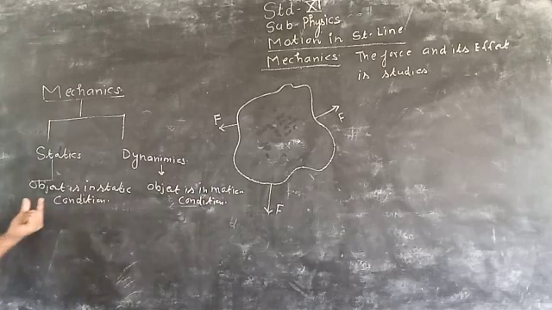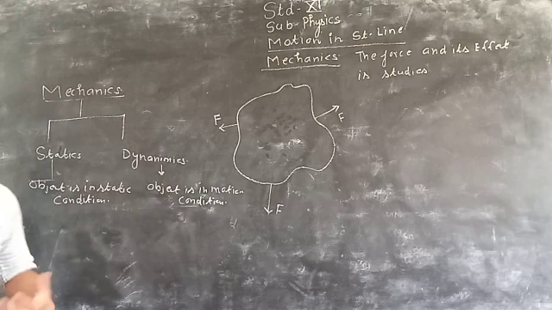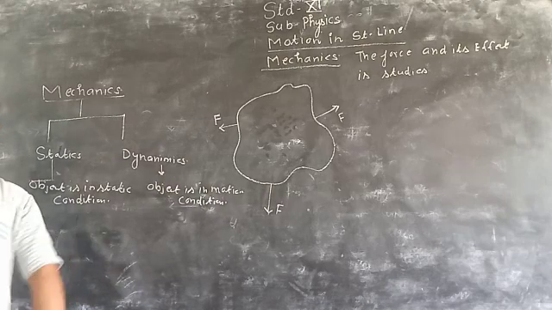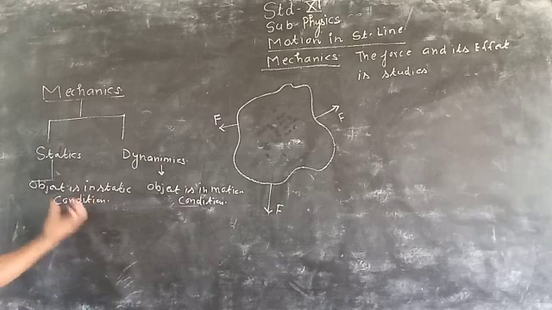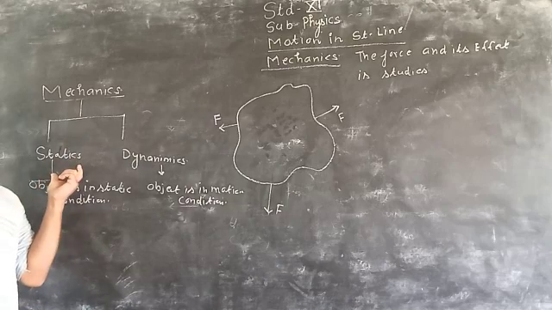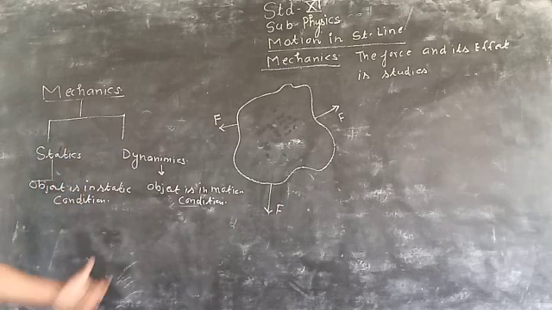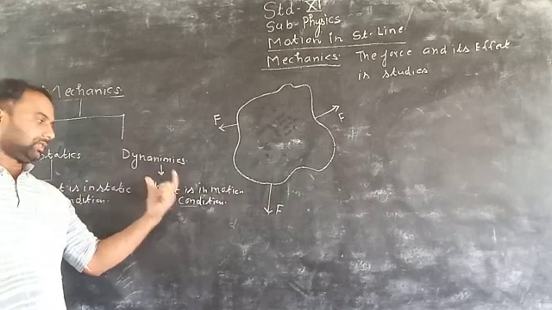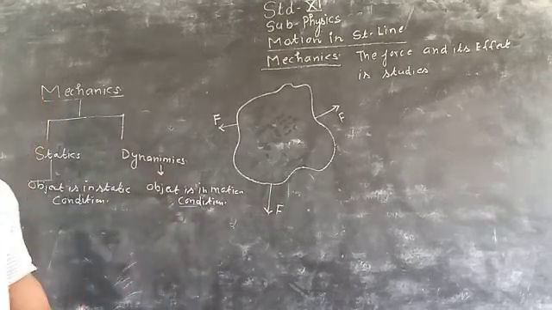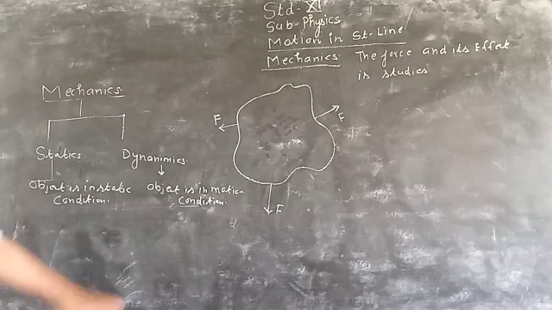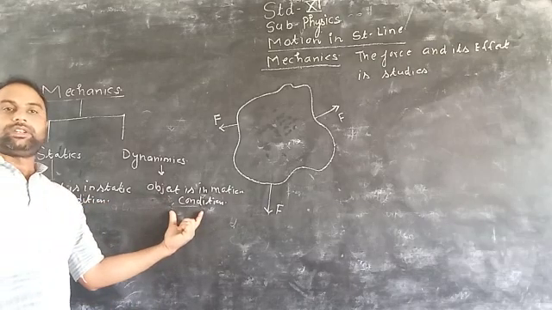If any object is in rest condition and various types of forces are acting on it, that study is known as statics. Dynamics: if the object is in motion and we have to study that type of motion, that is known as dynamics.